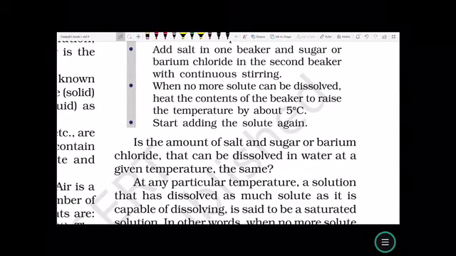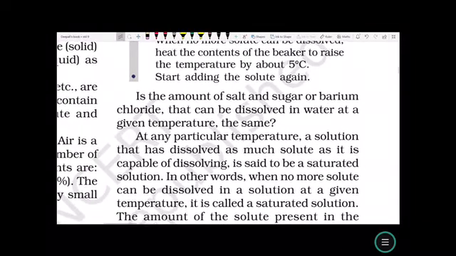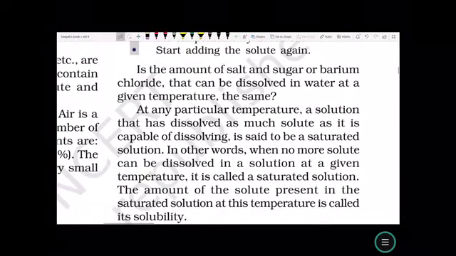Start adding the solute again. If the amount of salt and sugar or barium chloride that can be dissolved in water at a given temperature is the same, at any particular temperature, a solution that has dissolved as much solute as it is capable of dissolving is said to be a saturated solution.